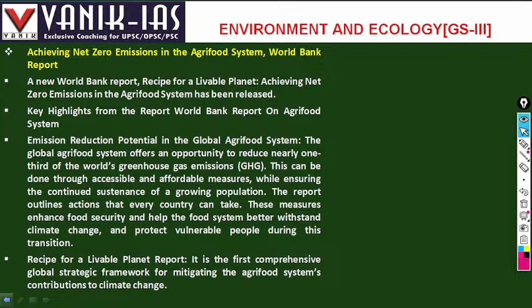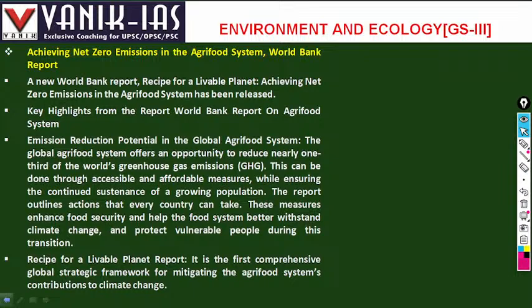A new World Bank report, A Recipe for a Livable Planet: Achieving Net Zero Emission in the Agri-food System, has been released. The highlights from the report: emission reduction potential in the global agri-food system. The global agri-food system offers an opportunity to reduce nearly one-third of the world's greenhouse gas emission.